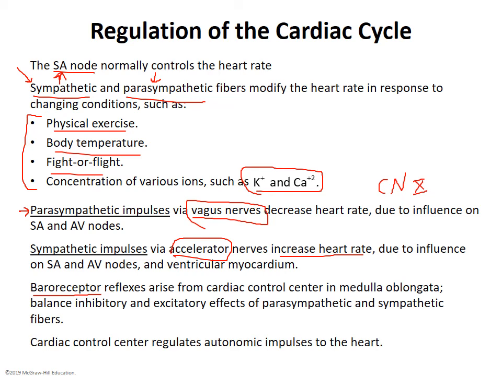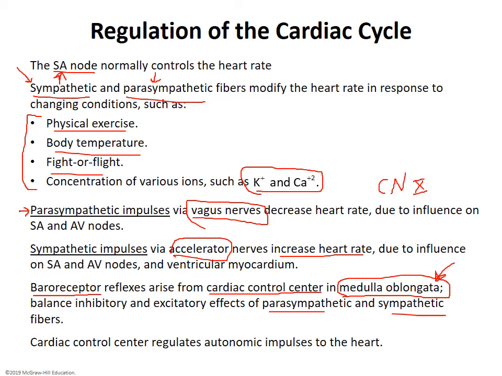Most of these reflexes are going to be controlled in what is called the cardiac control center of the medulla oblongata. And remember, anytime you're in a bad mood, say this word. It is fun to say, and it's hard to say it without at least cracking a little bit of a smile. All right. So the medulla oblongata is going to play the balancing act between the parasympathetic and the sympathetic nervous system.